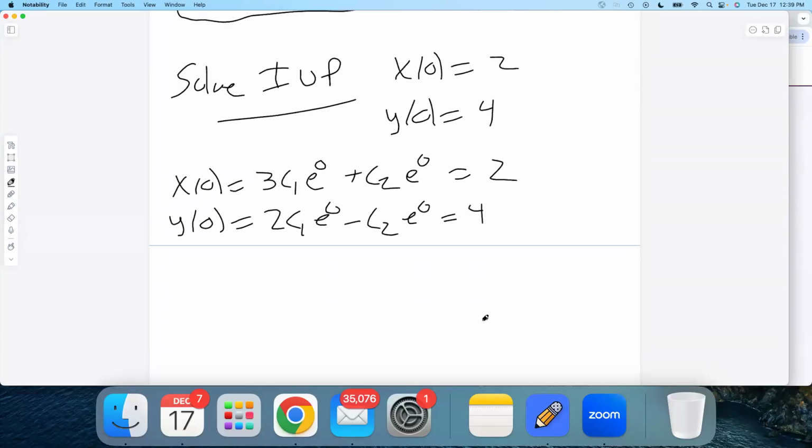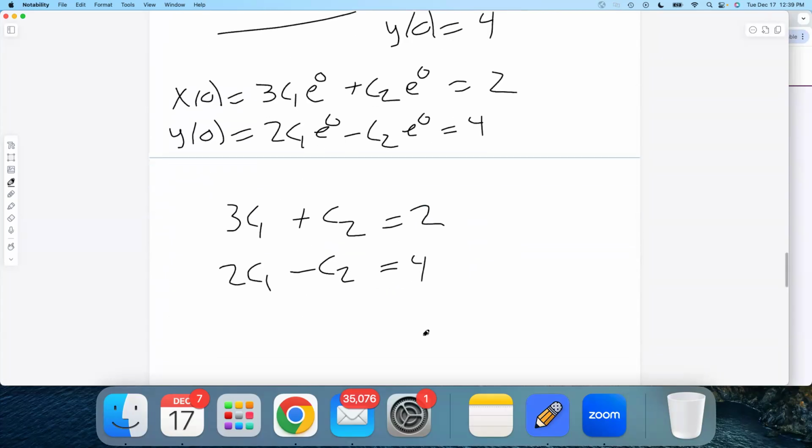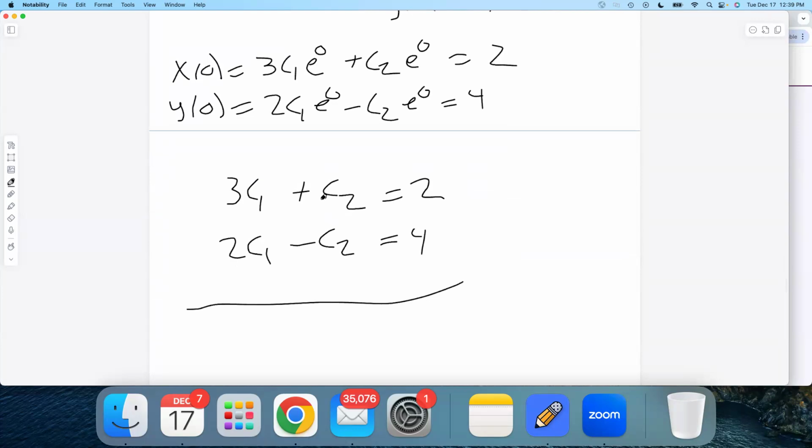So now we get this system of algebraic equations, not a system of DEs. This is nothing complicated like what we had before. This is a college algebra system of equations. 3c1 plus c2 equals 2. 2c1 minus c2 equals 4. I'm lazy. I would just solve this by elimination, because if I add these together, the c's cancel out. I get 5c1 equals 6.